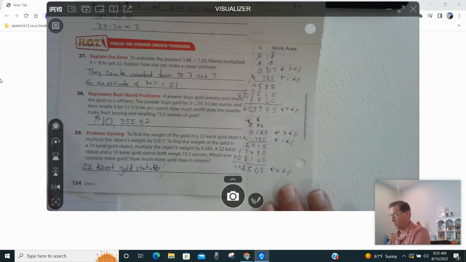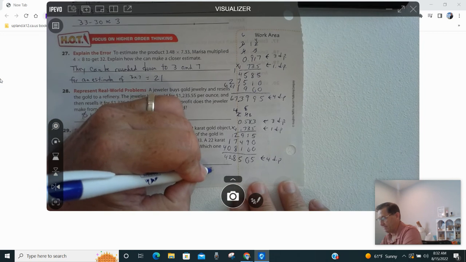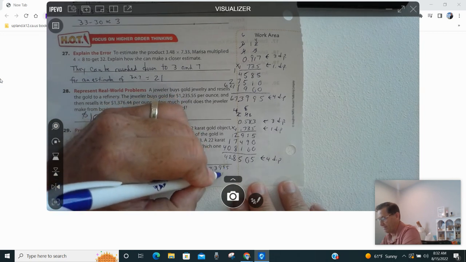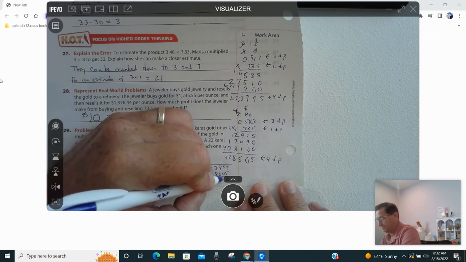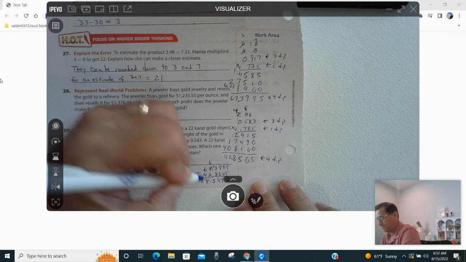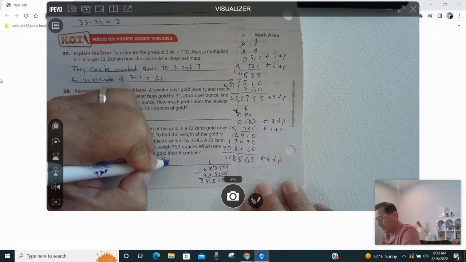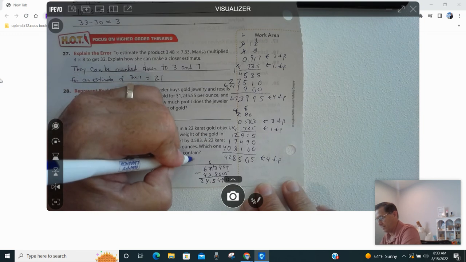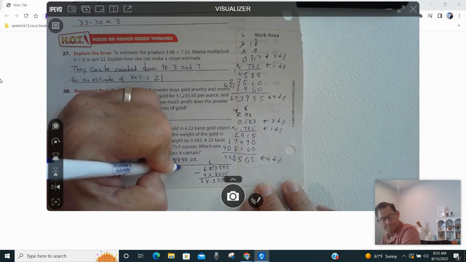How much more gold? So 67.3995 minus 42.8505. 24.590 ounces more.